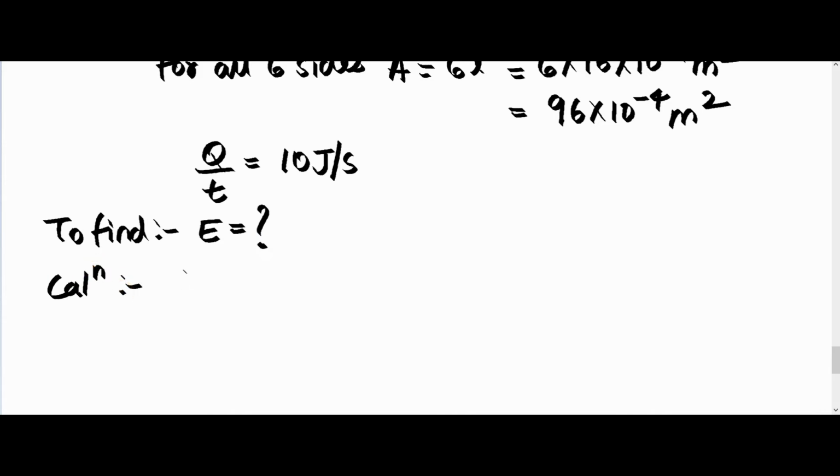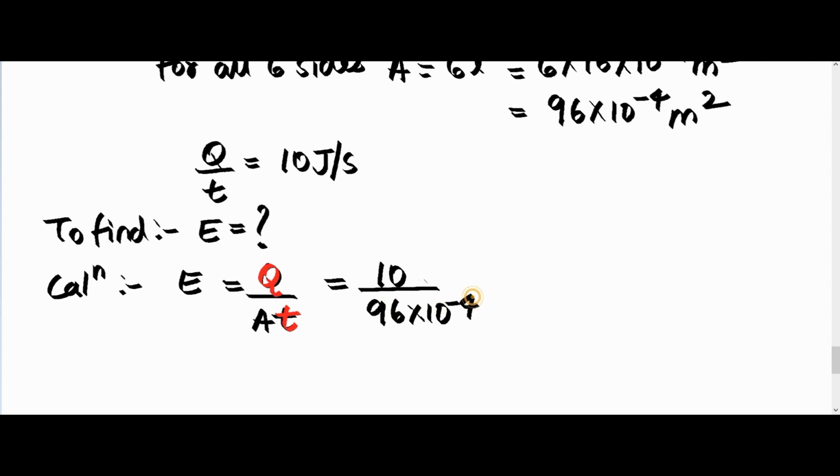Calculation part, we know emissive power formula is equal to Q upon AT. So we can substitute the values here. The value of Q by T, they have given us, that is 10, and in denominator it will be 96 into 10 raised to minus 4.